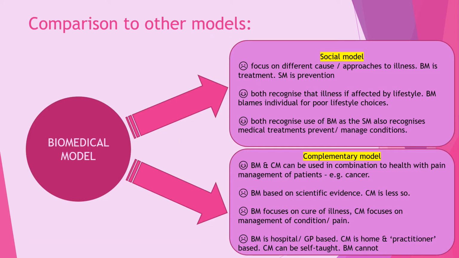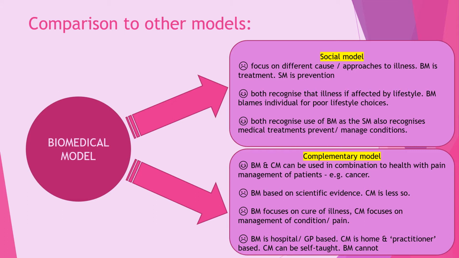Now, to draw a comparison, again, one of the pass criteria is to compare the model with other theories. So here we've got the biomedical approach, and I've just drawn a comparison. So when it comes to the social model, we'll look at it later, but they both recognise illness is affected by lifestyle. The biomedical model we're looking at blames the individual for their poor life choices.